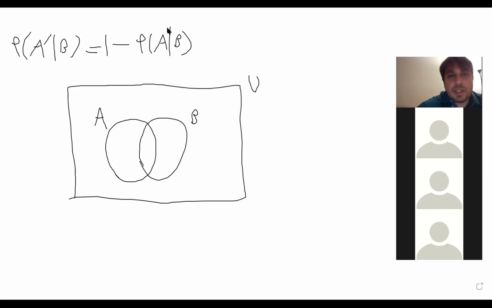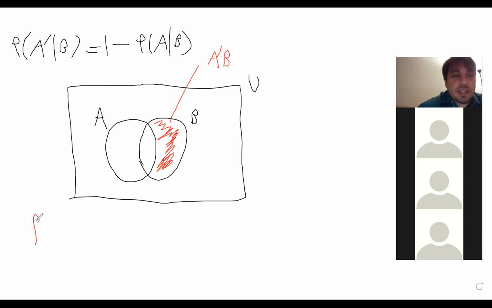So the region here that we're looking at is here. So if it's in A prime, it means it's not in circle A. So we're looking at this region, right? This region is A prime. This region is A prime B, right?